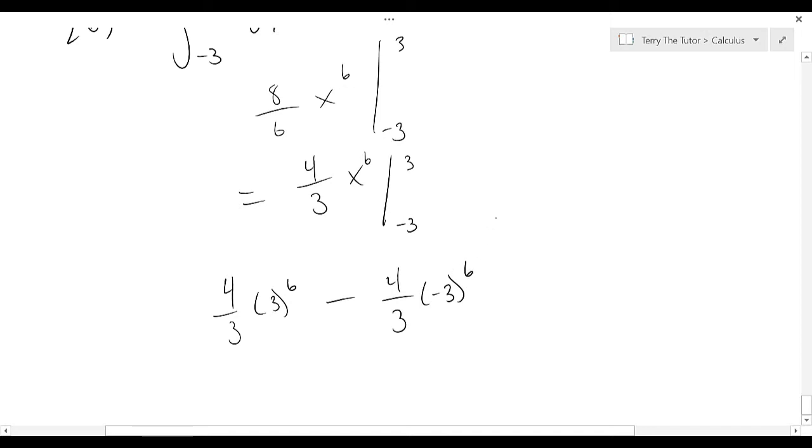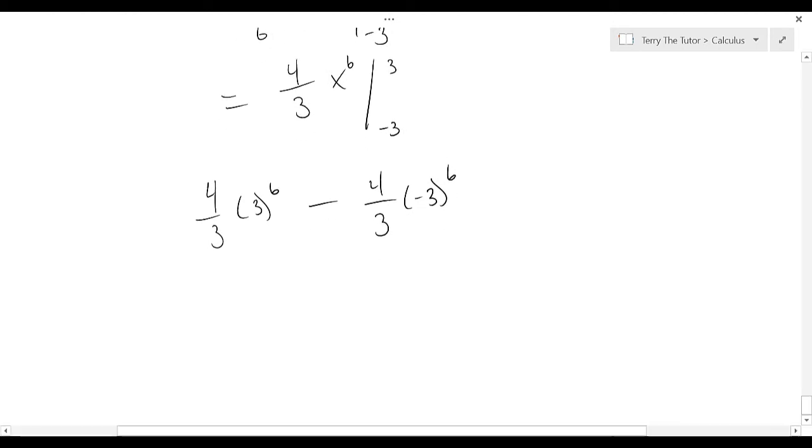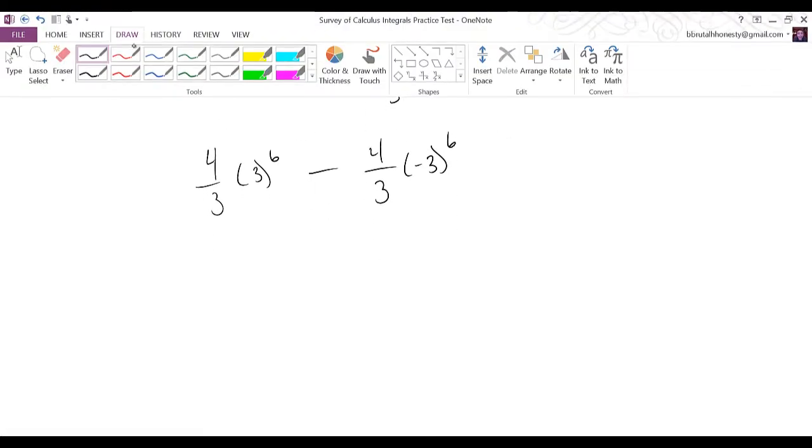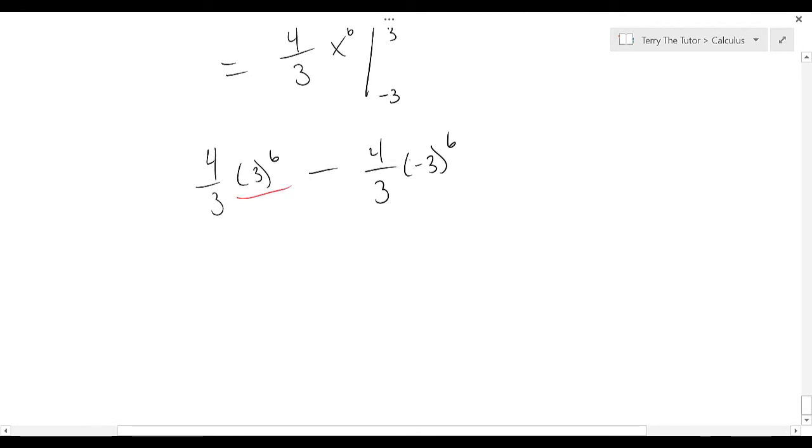Alright, my question posed to you guys: is there a difference between +3 to the 6th and -3 to the 6th?